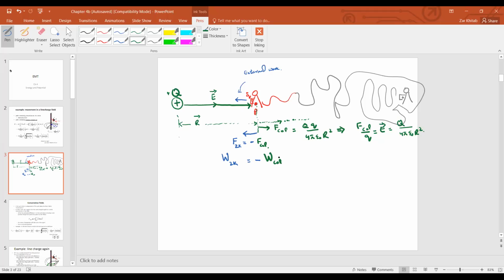So remember, work is normally a scalar quantity, but the convention is: work done on a positive charge by the field of a positive charge is positive.